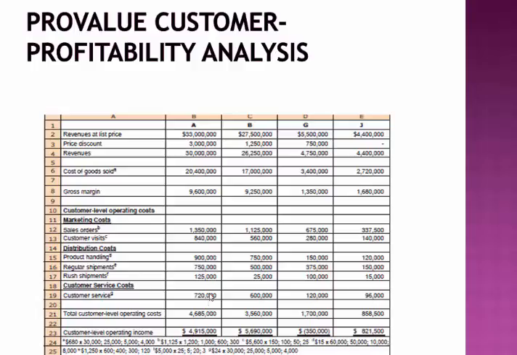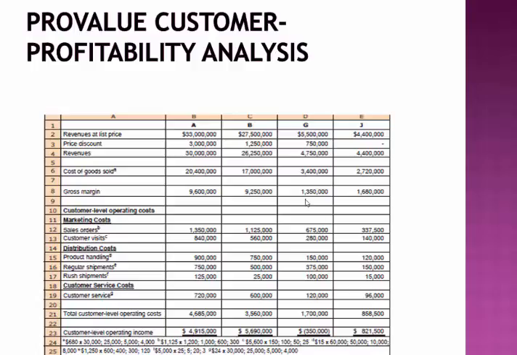If you total all these up right here, we get 4.685 million for customer A, 3.56 million for B, 1.7 million for G, and 858.5 thousand for J. We can then subtract those customer level operating costs from their respective gross margins to find out, on a per customer basis, based on how we broke out our cost related to servicing them, what their actual customer level operating income results are.